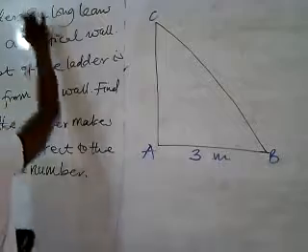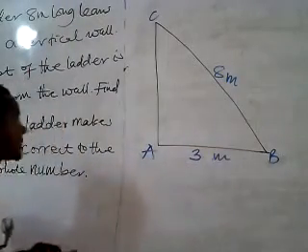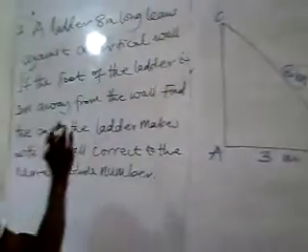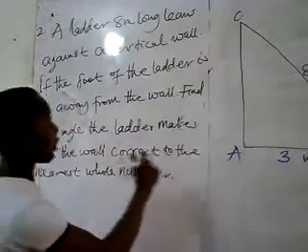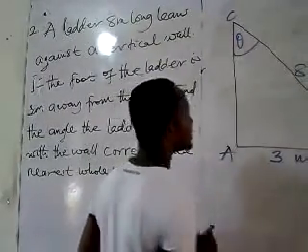The length of the ladder is also 8 meters. Then we say that we should find the angle the ladder makes with the wall, so that we can use theta to represent the angle.